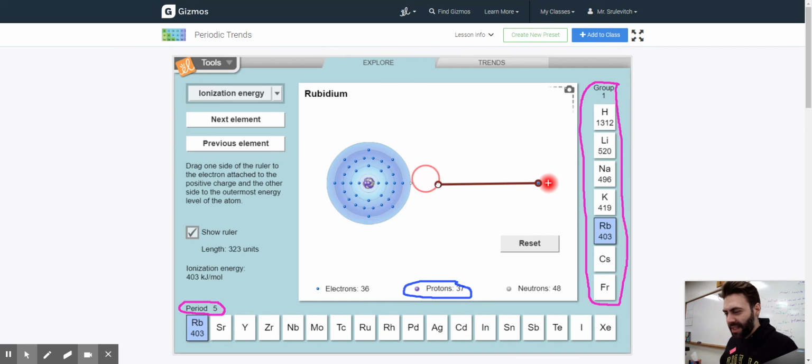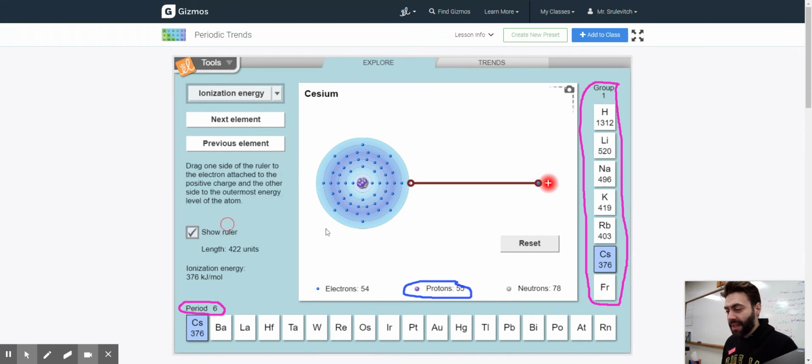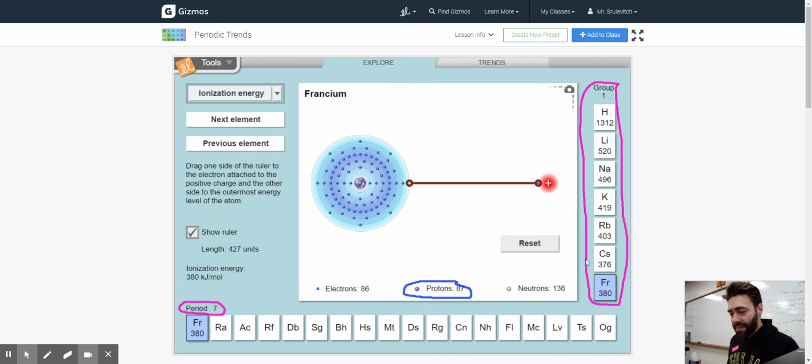Okay, so what you're seeing is that the energy to pull off that electron, because that's what you're measuring right now, the energy to pull off that electron is getting smaller and smaller. And that's what you noticed when I took those metals, I cut them up, and I put them in some water. You saw as I went from lithium to sodium to finally potassium, you saw a flame.